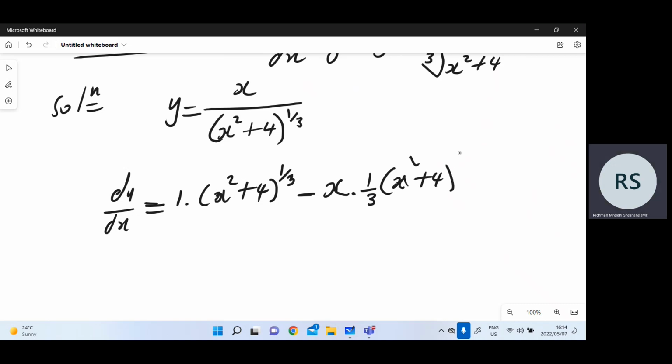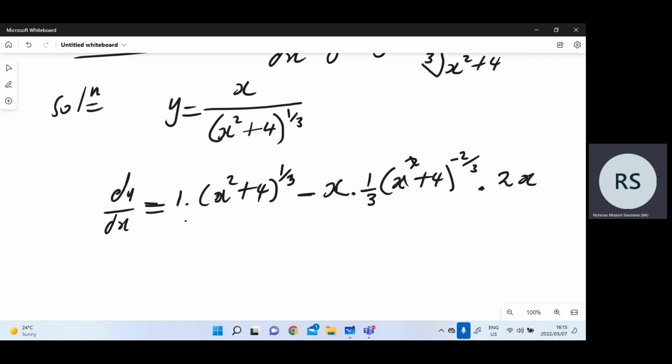So what is 1 over 3 minus 1? It's minus 2 over 3. And then multiply by the derivative of the inner function. So the derivative of the inner function is 2x, okay.